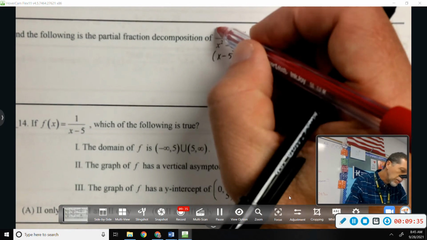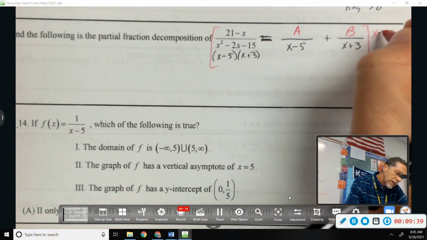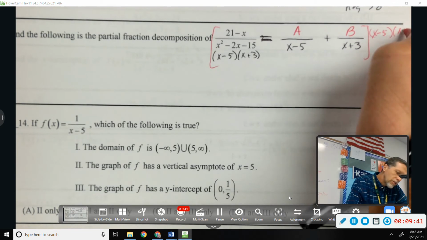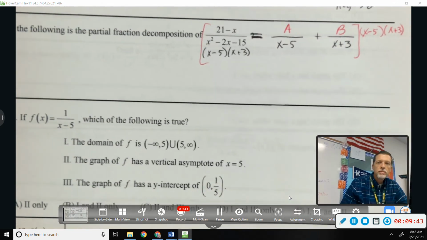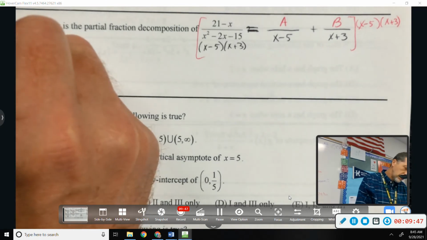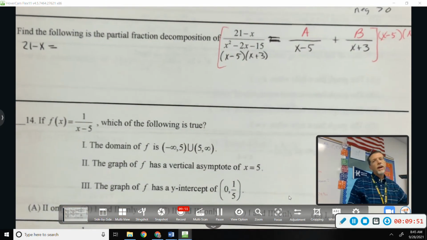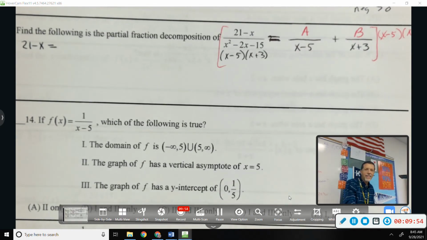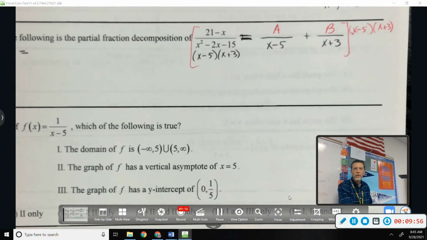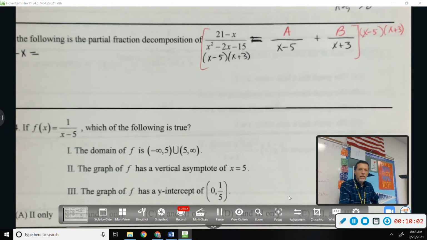Let's see. Let's multiply everybody by the common denominator. That way all our fractions will go away. So on the left, I get 21 minus x. And I've said this before, but again, I think this is the most dangerous step of this problem. I think it's because people are doing a lot in their head and they mess something up.